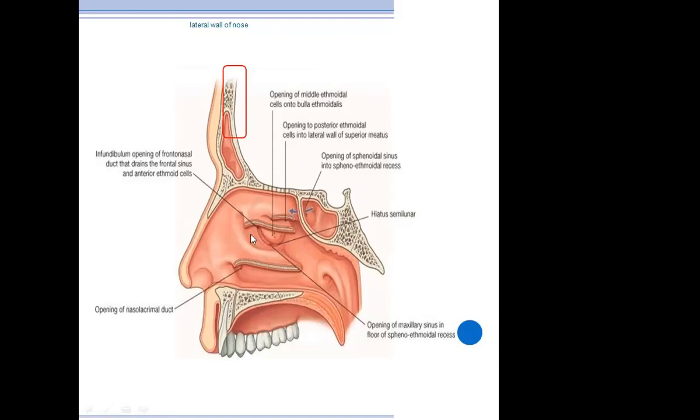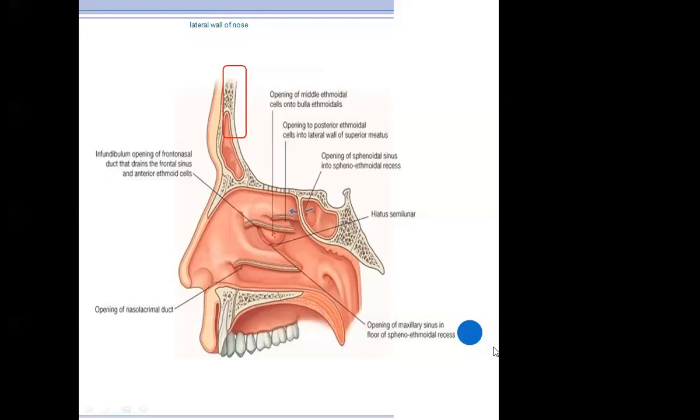Anterior ethmoidal air sinuses open into the infundibulum. And the maxillary air sinuses open here, on the bulla ethmoidalis.